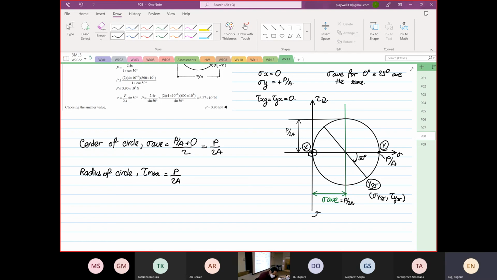So when that's the case, we can write down how to determine. So we know that this distance from here. Sorry, Eugene, I don't see why tau max is P over 2A.